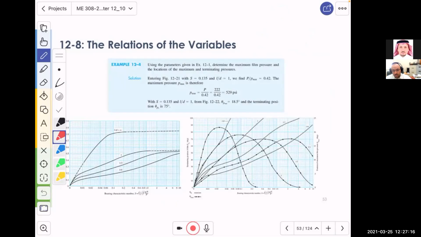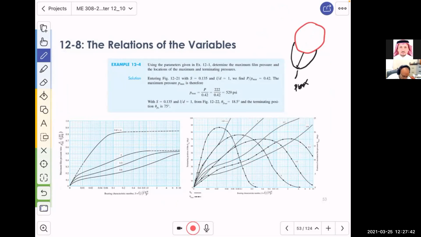Now, the next part is the maximum pressure. We told you that if we have a journal bearing like this, the distribution goes in a polar manner like this, where we have a point at which the pressure becomes maximum, right? That can be obtained from another chart which relates P to P max.